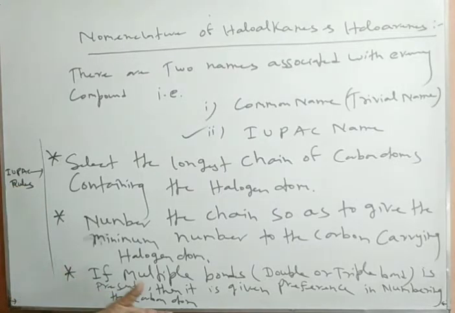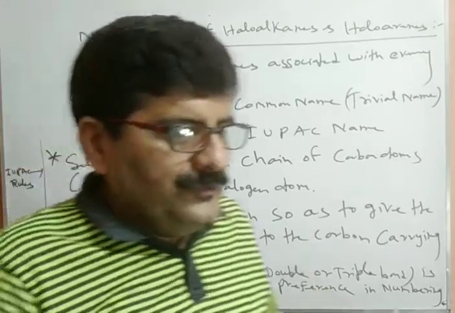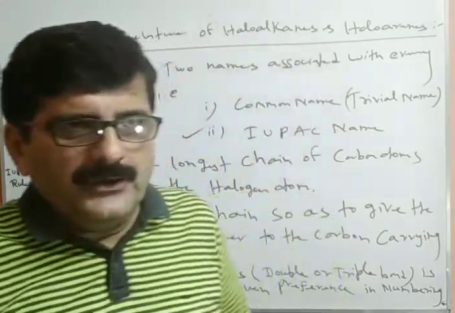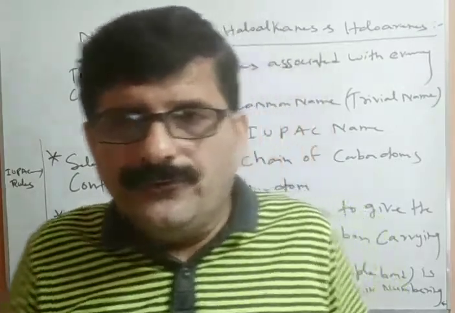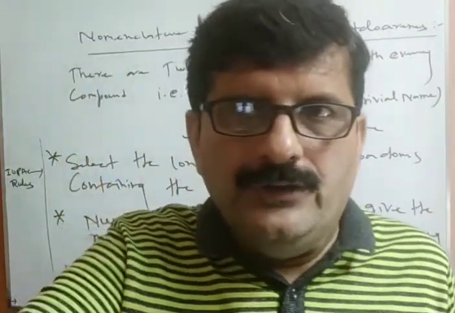If we consider such three rules, we can write down the IUPAC nomenclature of different types of haloalkanes. How to write down the correct IUPAC name of haloalkanes and haloarenes? For this, consider different types of examples.